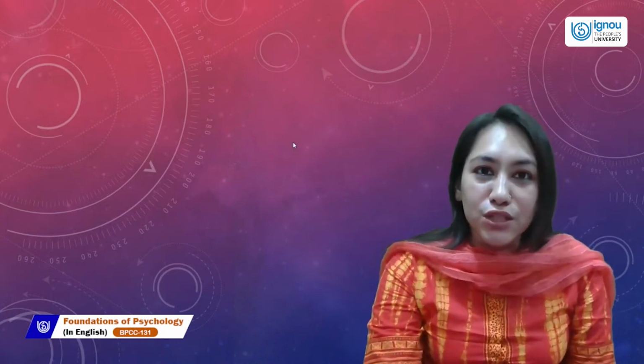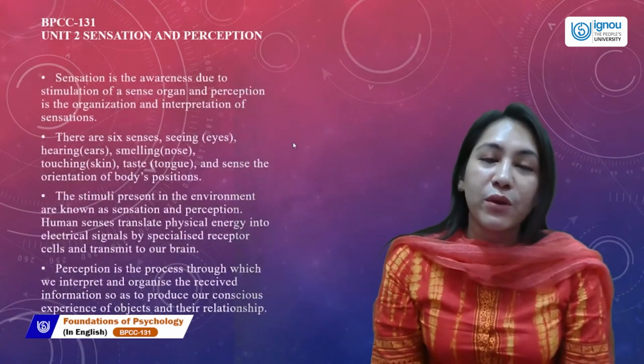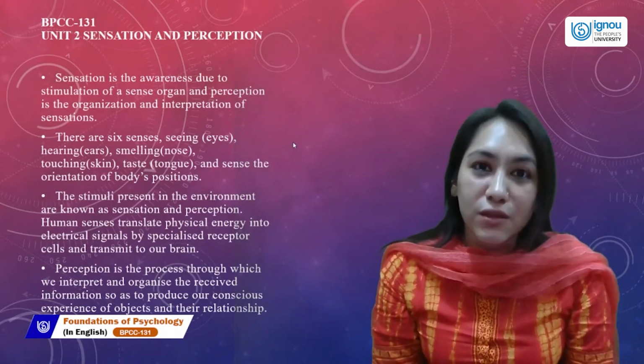Today we are going to continue with Foundation of Psychology Unit 2 that we started, and the second unit turns out to be more core content of psychology, cognitive psychology, which is sensation and perception. Coming to the core concepts of psychology, where we understand the process of thinking, we have contents like sensation and perception.